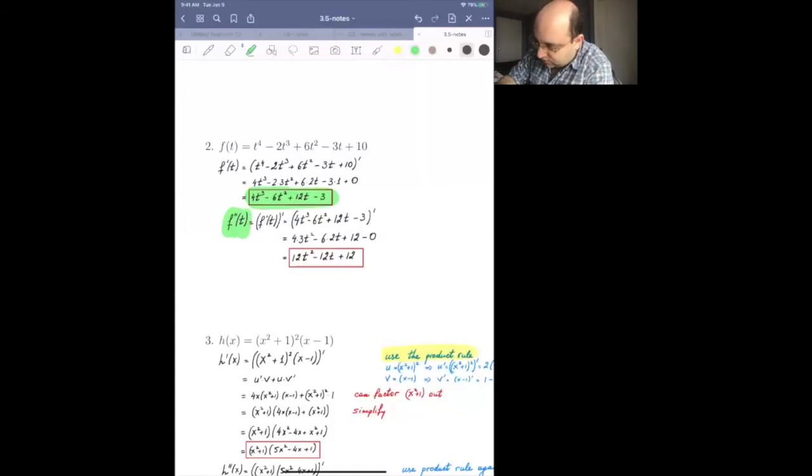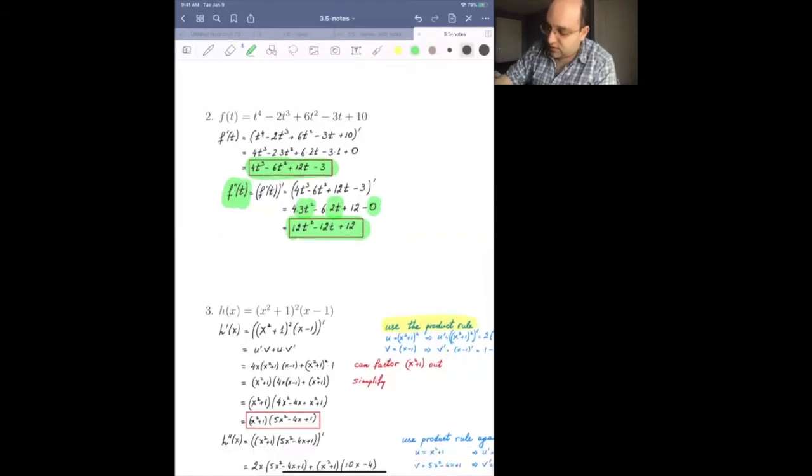So t to the power 3 gives us 3t squared. 6 times t squared, the derivative of t squared is 2t. Derivative of 12t is 12 because the derivative of t is 1, and the derivative of 3 is 0. So that's just going to be that. And if we simplify, we're just going to get this expression here. Okay.